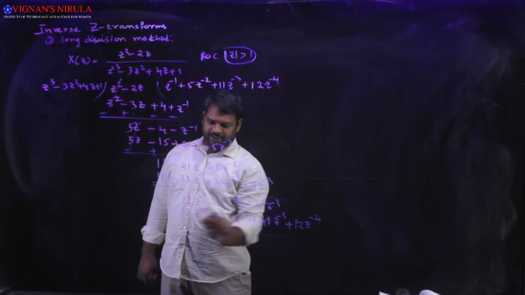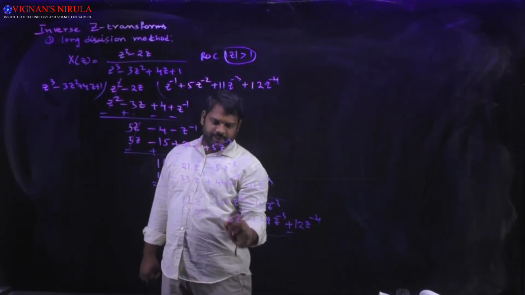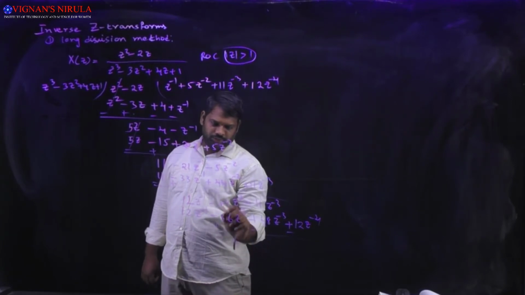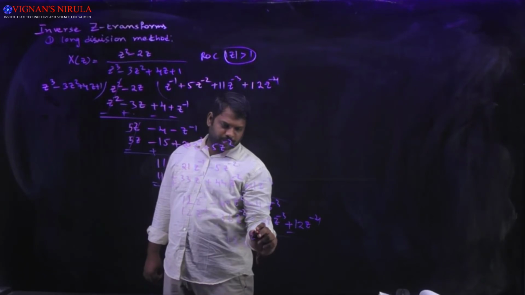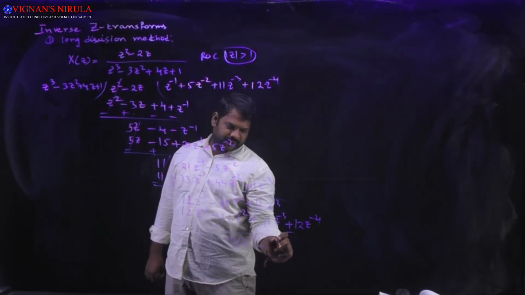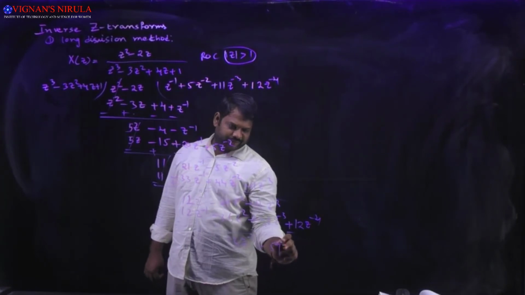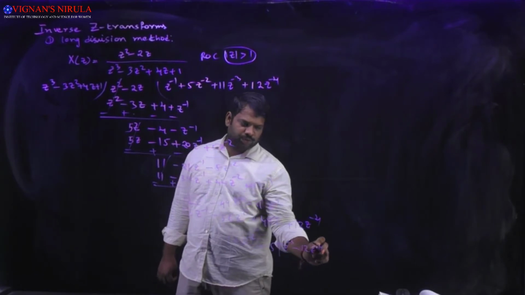Now these two get cancelled. Then 13 z power minus 2. Next, 59 z power minus 3, minus 12 z power minus 4.